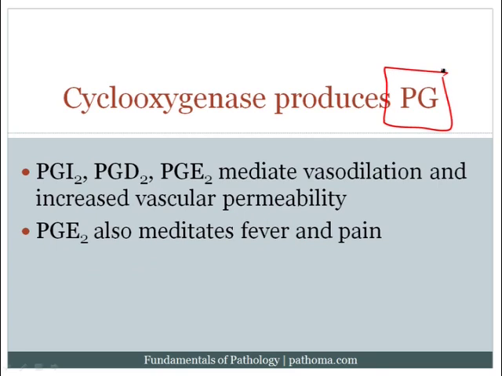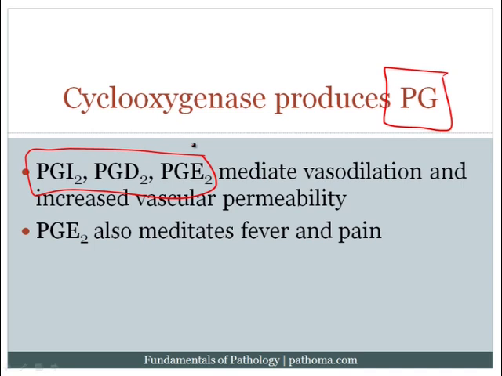And the three key prostaglandins are prostaglandin I2, D2, and then prostaglandin E2. And together, these three, prostaglandin I2, D2, and E2, mediate vasodilation, and they mediate increased vascular permeability. Now, it's important to know that the vasodilation occurs at the level of the arteriole.